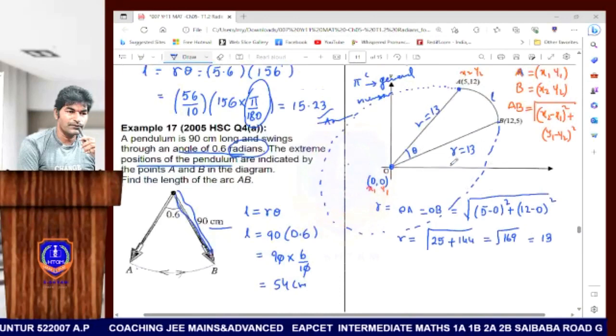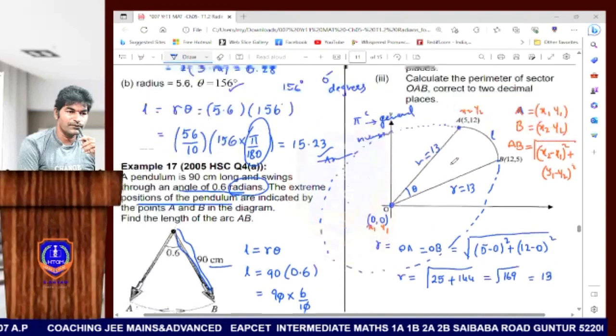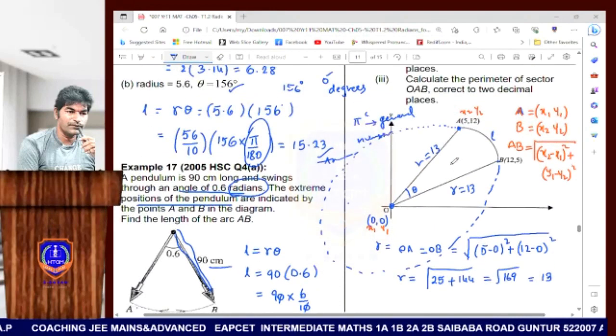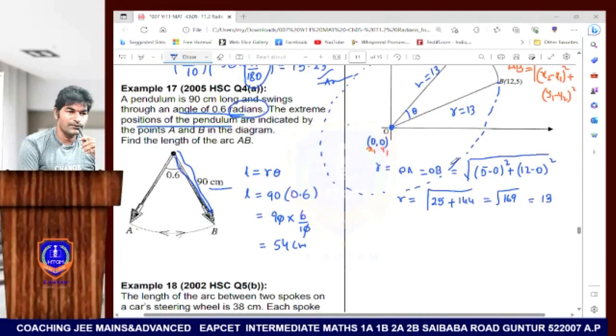Okay, so next what you do is calculate the slopes. Do you know the slope of 2 points? OA slope is M1, OB slope is M2.